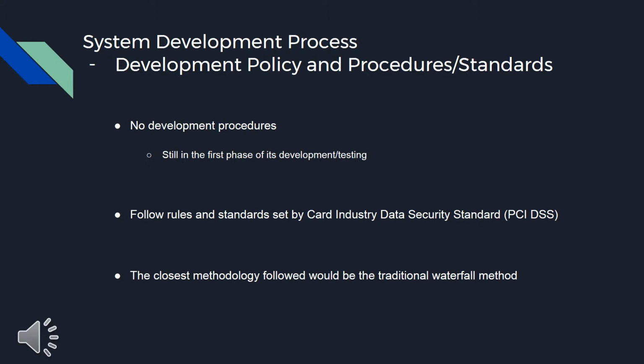US Bank must follow the rules and regulation guidelines authorized by the Card Industry Data Security Standard Policy. Because there aren't any development procedures or process methodology, there is a short-term goal to build out an environment that can host traditionally distributed applications hosted on the mainframe in order to better utilize the mainframe's hardware.